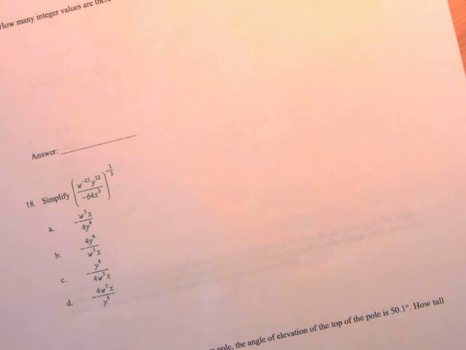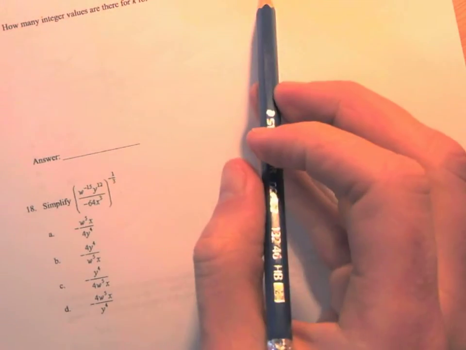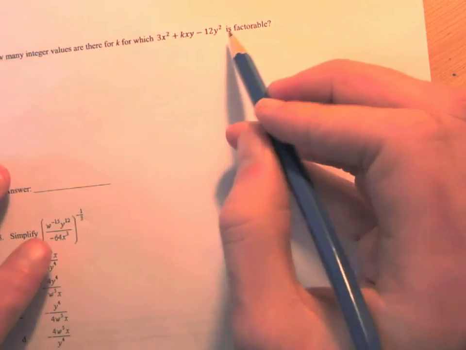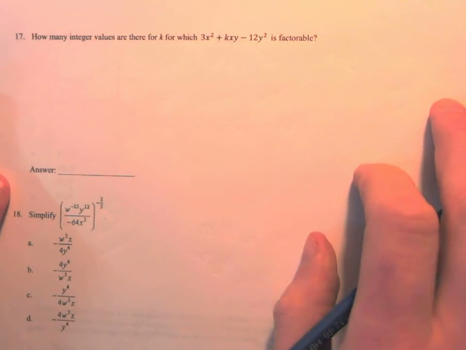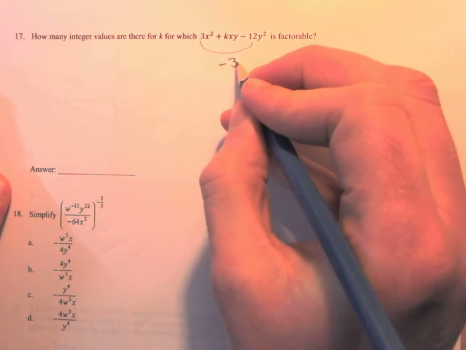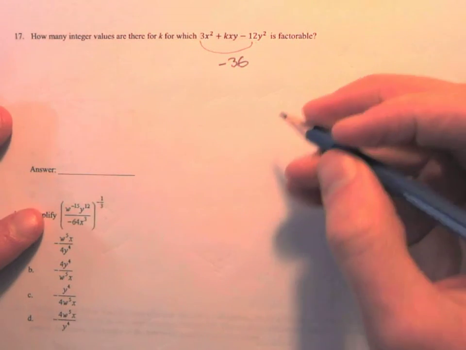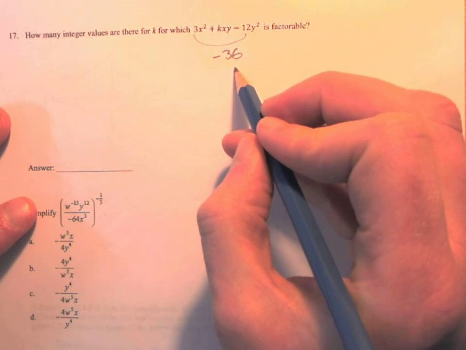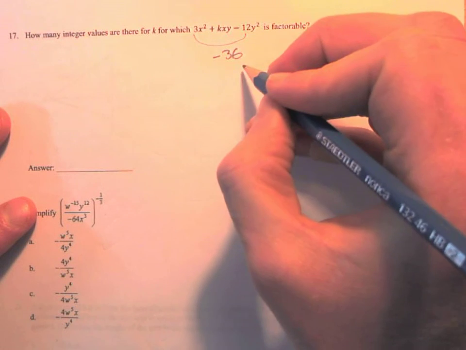Number 17. How many integer values are there for k for which this is factorable? So I'm going to ask myself, what multiplies to 3 times negative 12, negative 36? When I see this, what adds to negative 36?